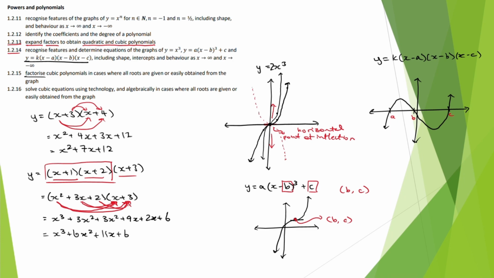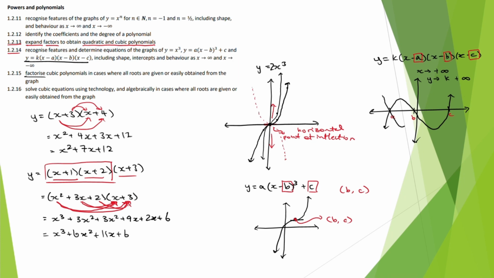We have our points A, B, and C corresponding to a, b, and c. As x tends towards positive infinity, y tends towards k times positive infinity, so this must mean that k is positive.